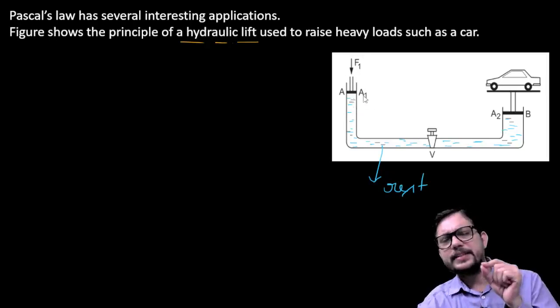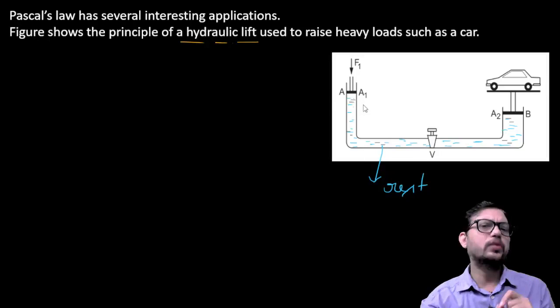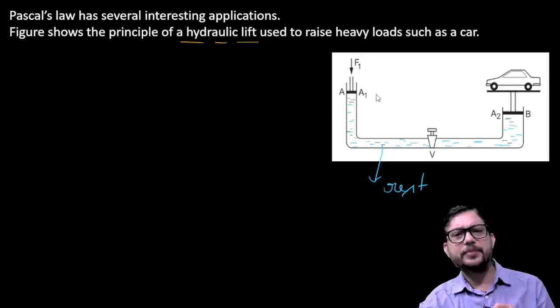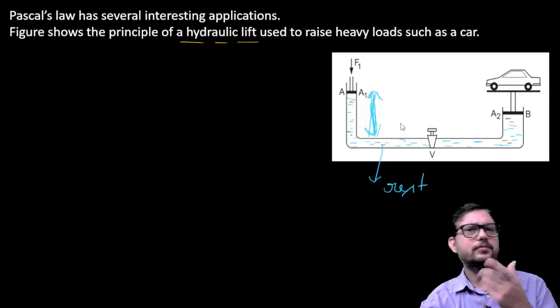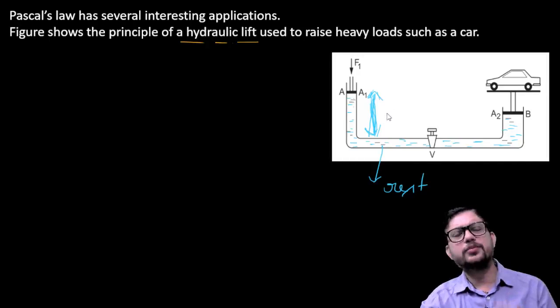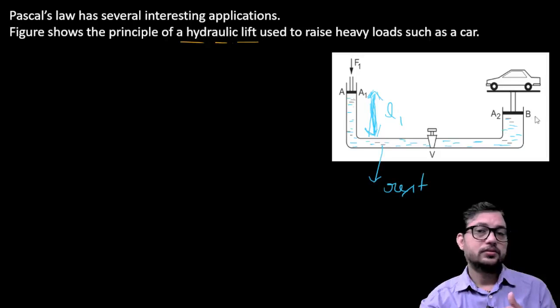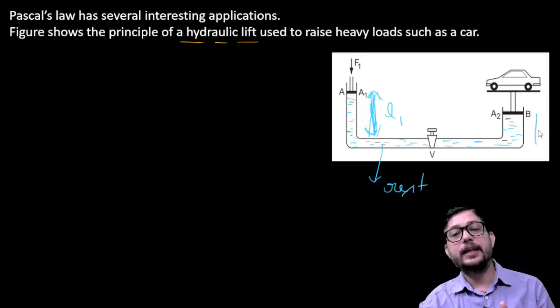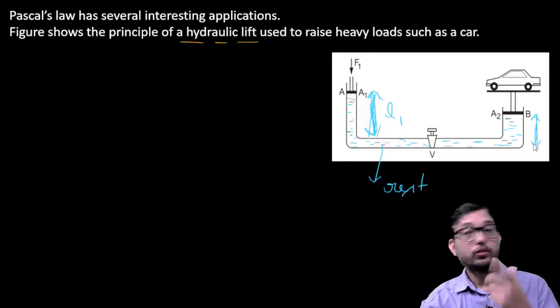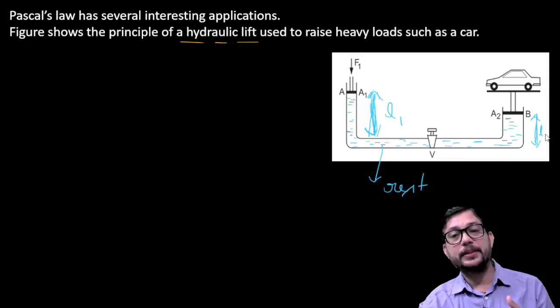Now we have two vertical columns. Let this one be your first vertical column, and let its length be L1. The second vertical column has length L2.